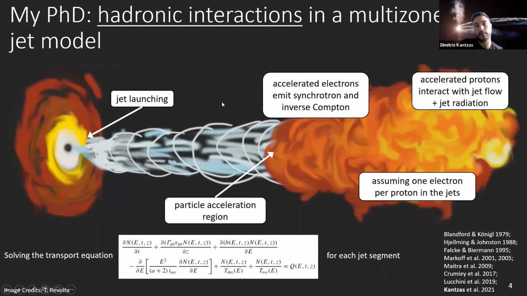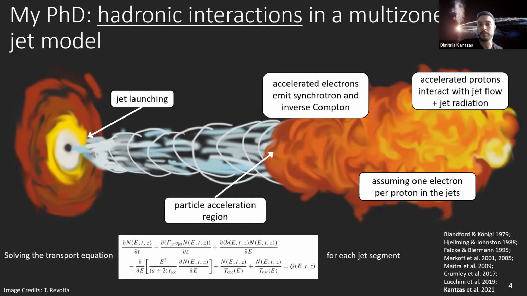question, I have developed a leptohadronic multi-zone jet model that takes into account both leptonic and hadronic processes. Just to give you a very brief overview of this model, I assume that there is a jet that is launched at some position very close to the black hole, and it propagates outwards. At some particular distance from the black hole, particle acceleration kicks in, which means that the accelerated particles now follow a power law in energy.